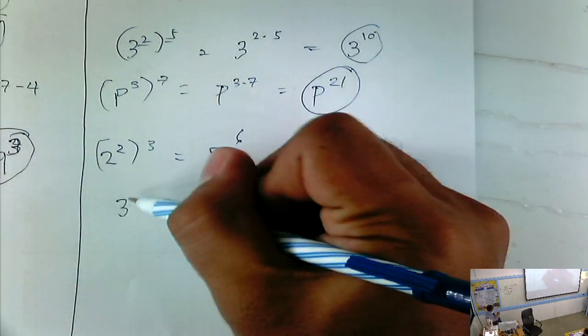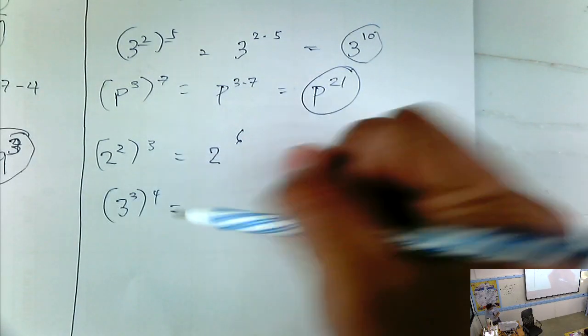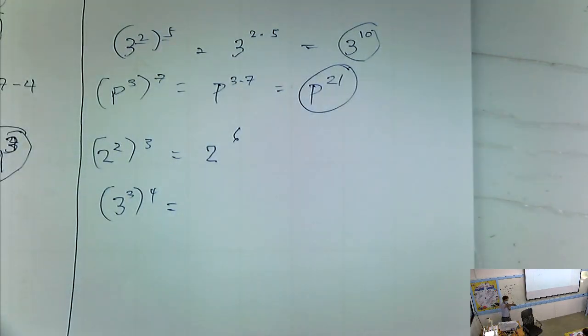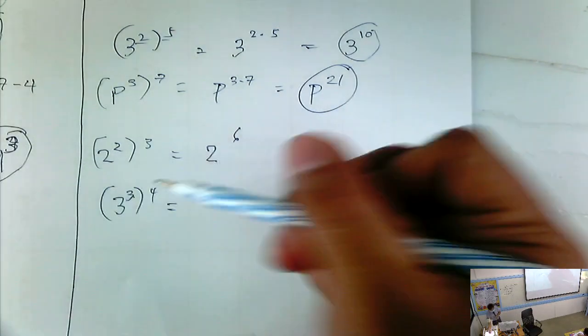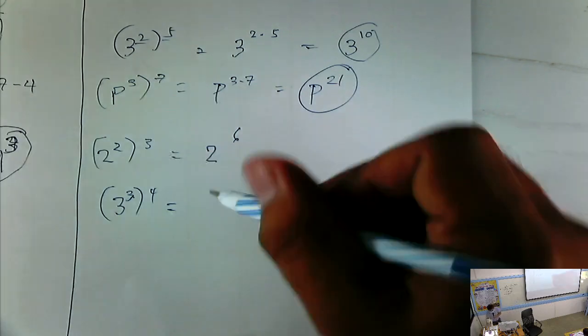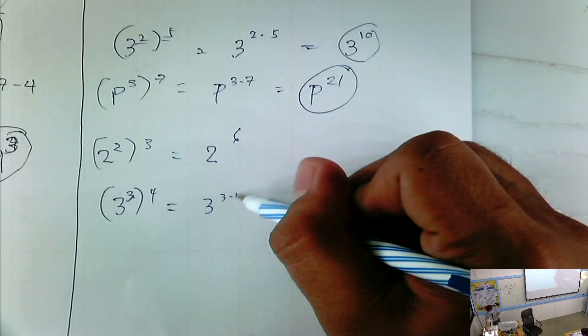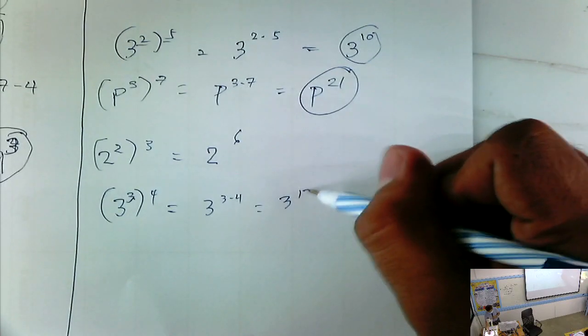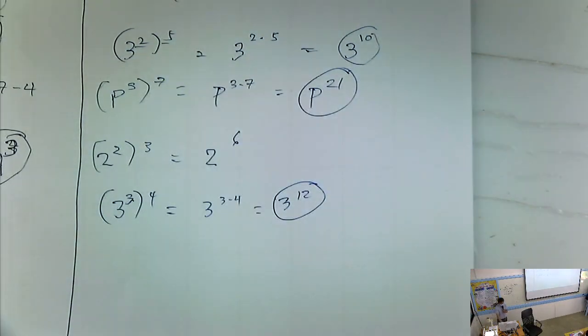3 to the power of 3 to the power of 4. Miss at the back, stand up, please. What is 3 to the power of 3 to the power of 4? Okay, very good. That would be 3 to the power of 3 times 4, which is equal to 3 to the power of 12.